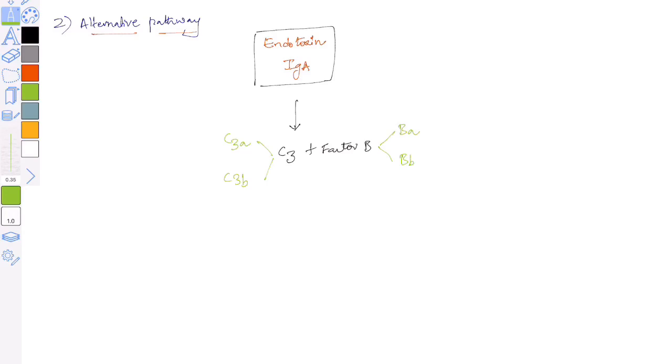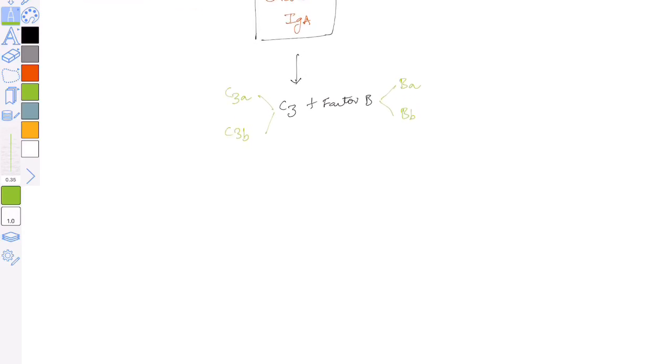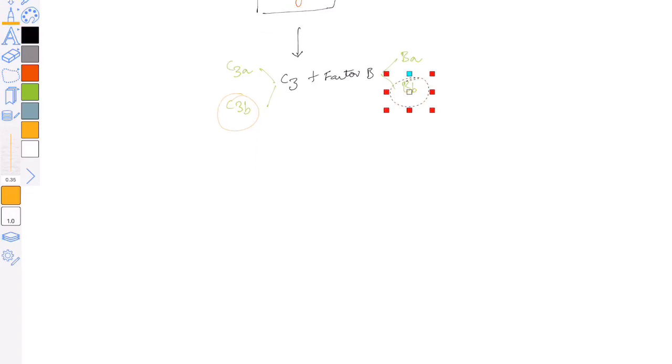So what's going to happen? The molecules C3B and factor BB combine to form a binary molecule called C3B and BB.